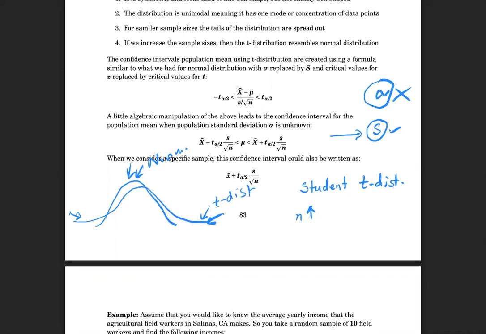So we are going to be using student t-distribution in the next class, and this is going to be the last topic before the midterm on Wednesday, a week from today. Okay, so please go ahead and browse through the problems in student t-distribution or confidence interval when you don't know sigma. And we will talk about it on Wednesday.